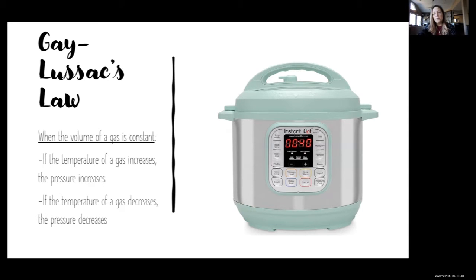And here is a good opportunity to think about your Instapot or whatever other pressure cooker you might have as a good example here. So when you turn your Instapot on, you lock that lid. And when you lock that lid, you're keeping that volume constant. It's not like the balloon that can inflate, right? It's a solid structure. It's not going to change. So now your volume is constant, but you're rapidly increasing your temperature, which is causing your pressure to increase.